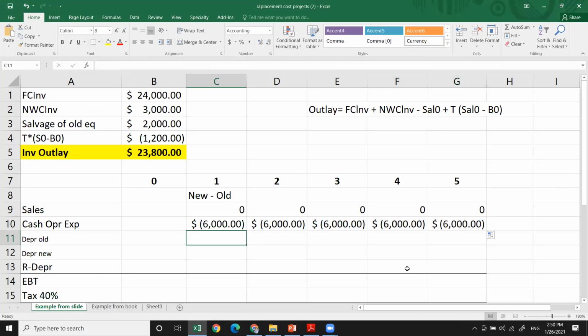We said that for the remaining 5 years, for the old equipment, it was 1,000.